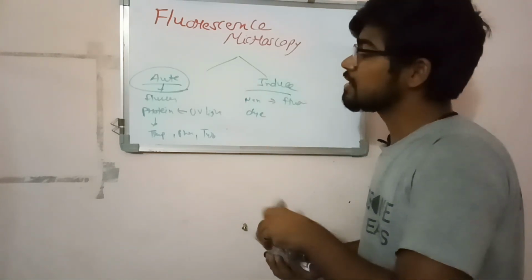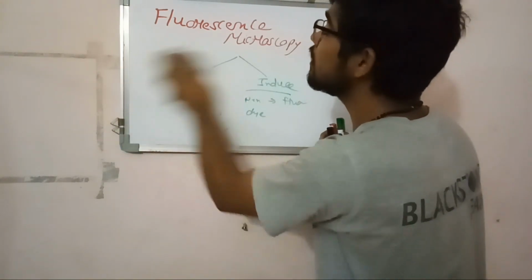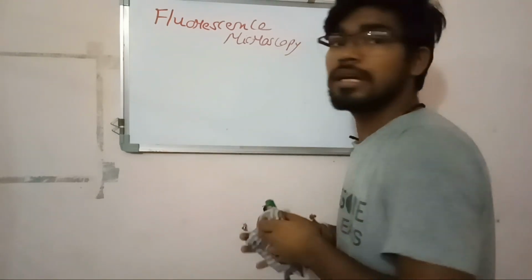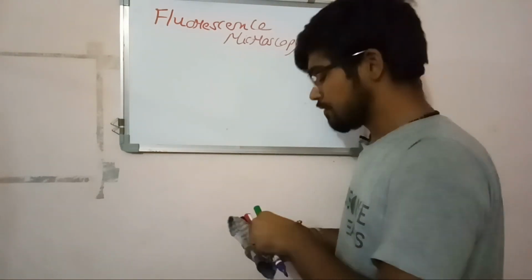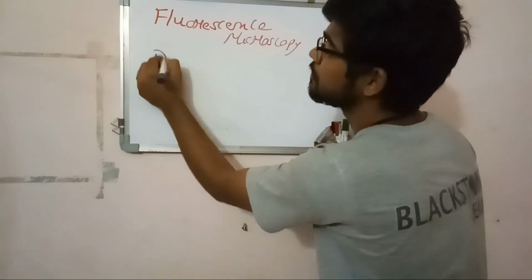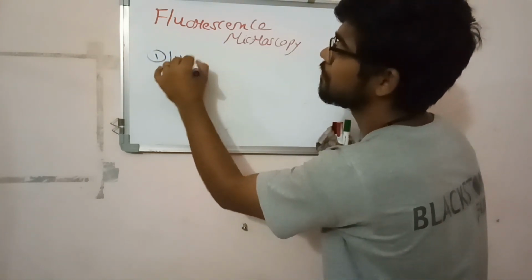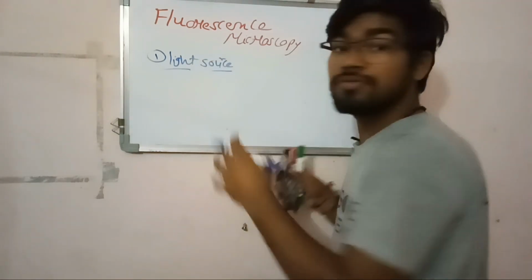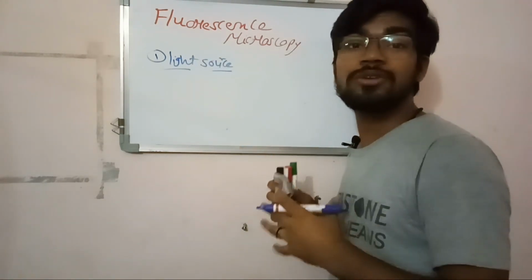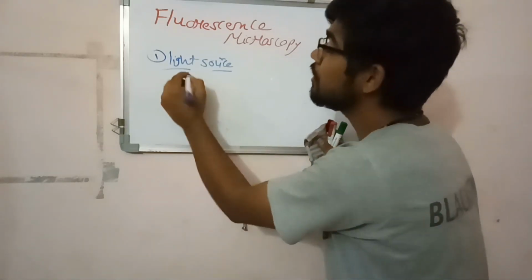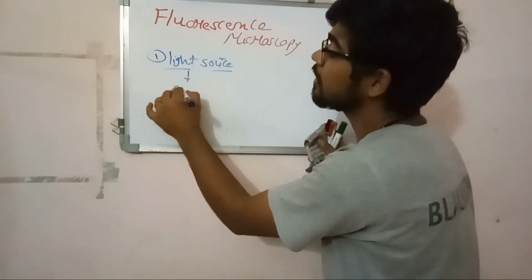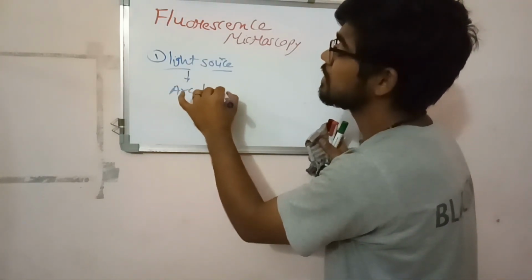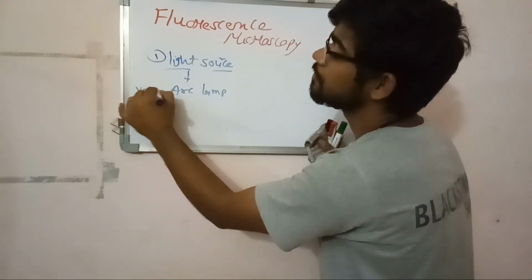The difference between the fluorescence and the normal microscope is small. First is the light source. Because we need higher energy light or shorter wavelength light, we need to use an arc lamp, especially a vapor arc lamp.